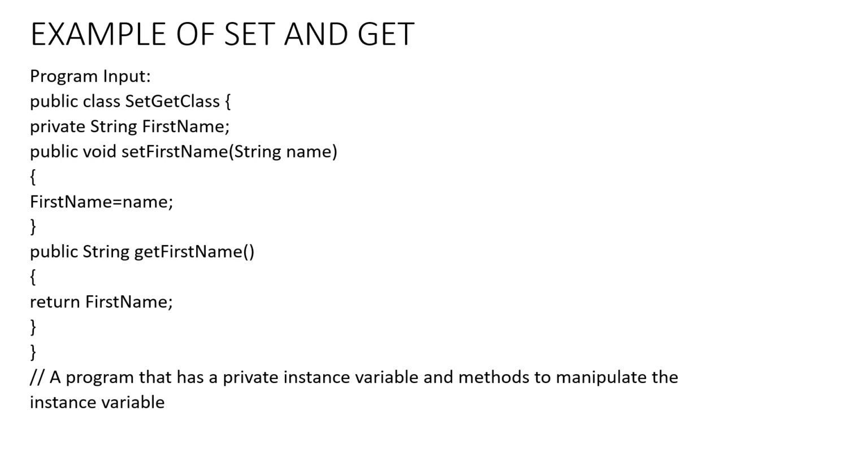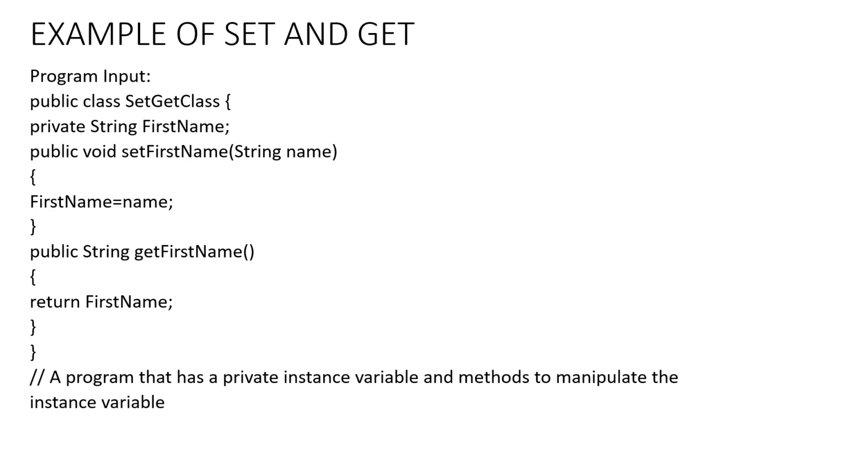And don't forget that we said sets are used to manipulate instance variables of a class to assign values to them. So that means you are assigning a value to the first name. So the method here sets the first name. Then we have a parameter, that's why we have arguments.